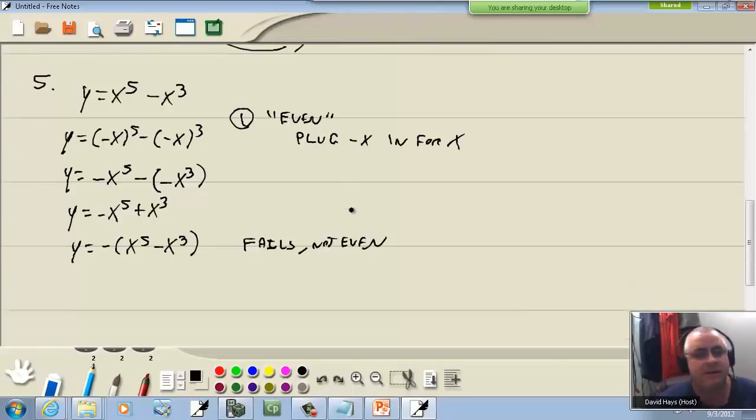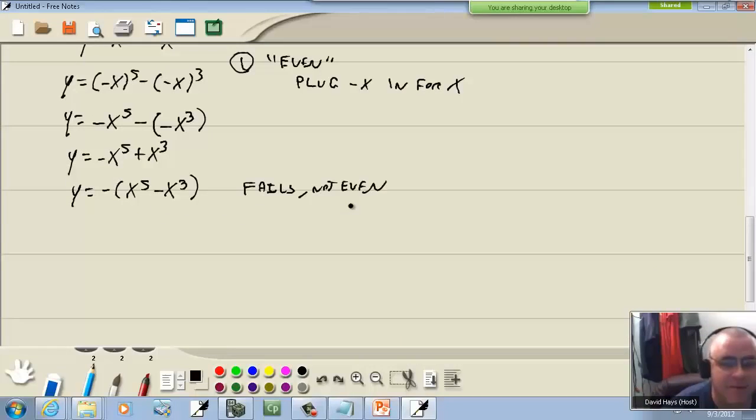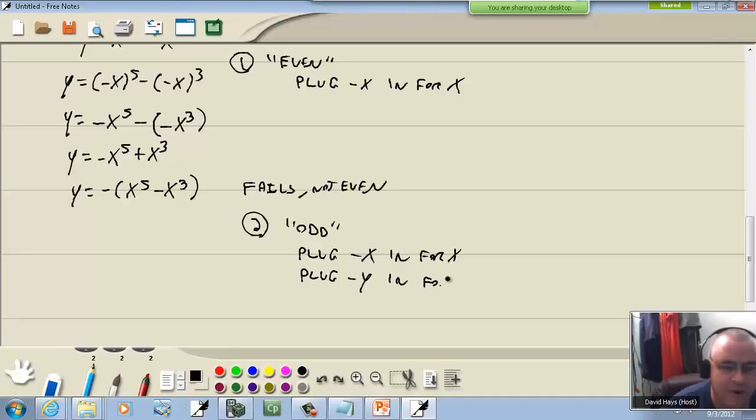Well, let's take a look at how to determine if it's odd. If that one fails, what we do for the odd case is we plug negative x in for x. We'll also plug negative y in for y, and we want to see if we can get it to look like the original function.